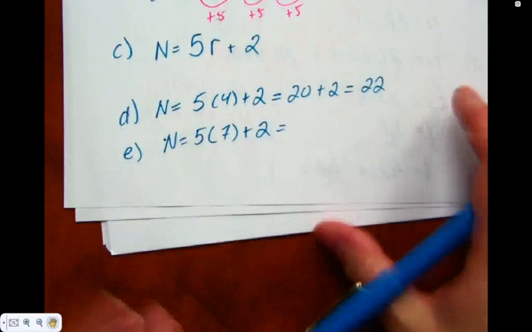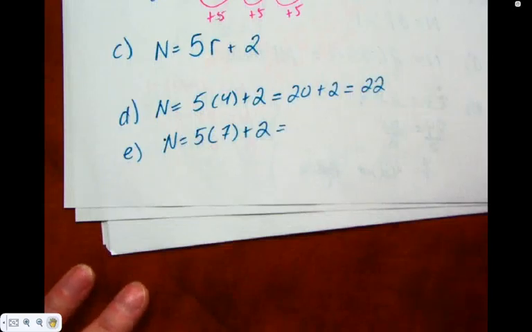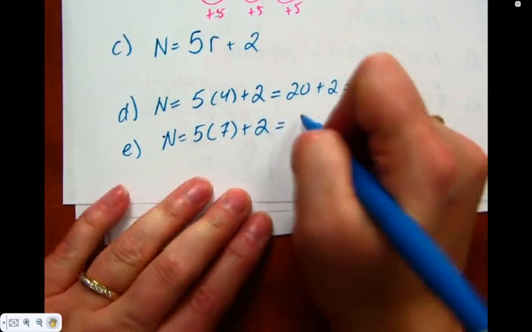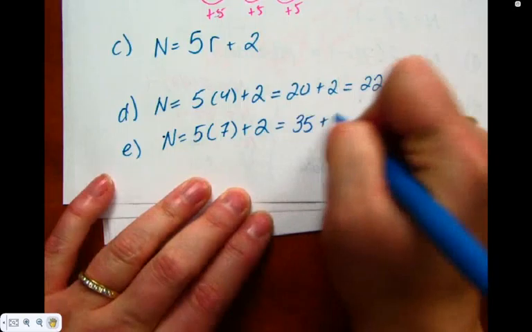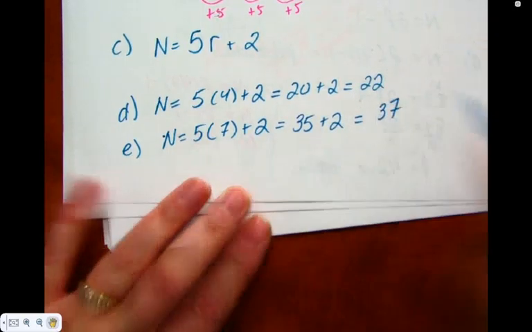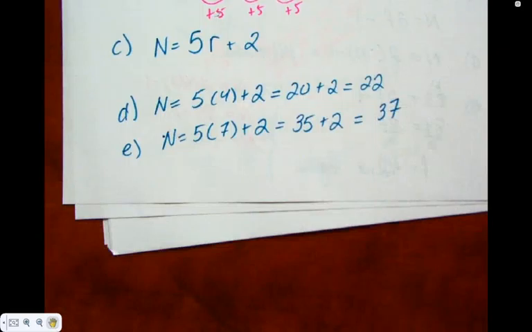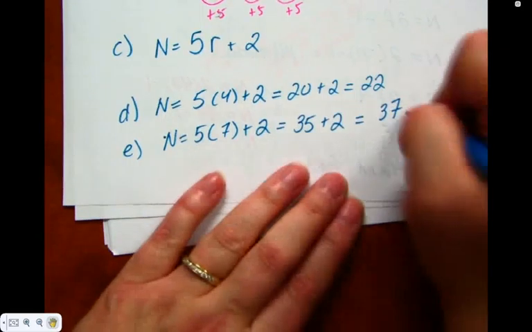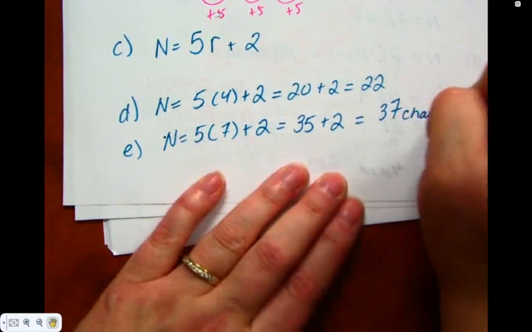What do I do first, the multiplication or the addition? Multiplication, so 5 times 7. 35 plus 2. And just clarify 37 what? Squares, circles, triangles, chairs. Seats would be fine.